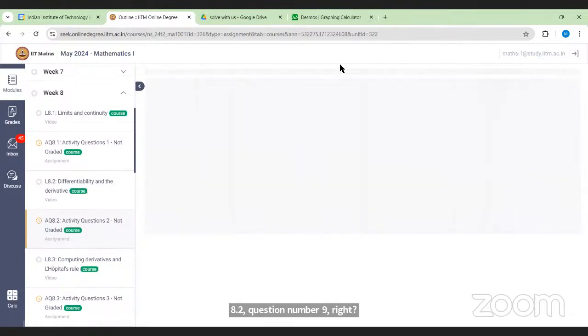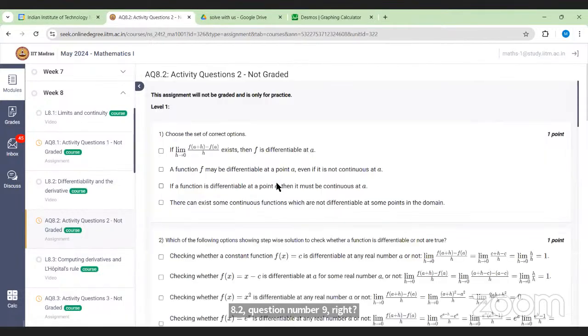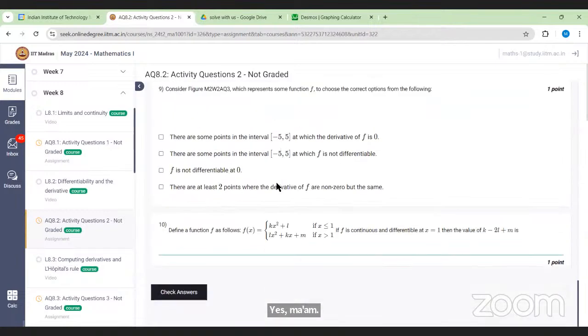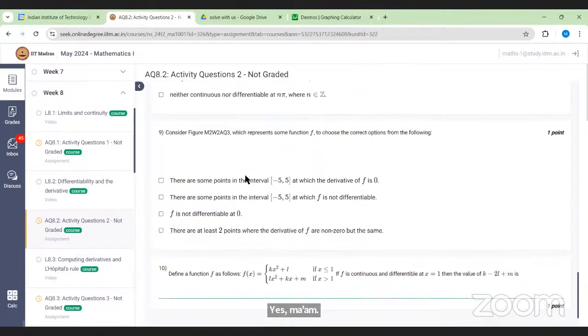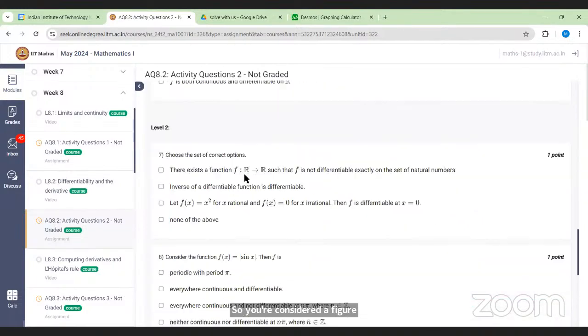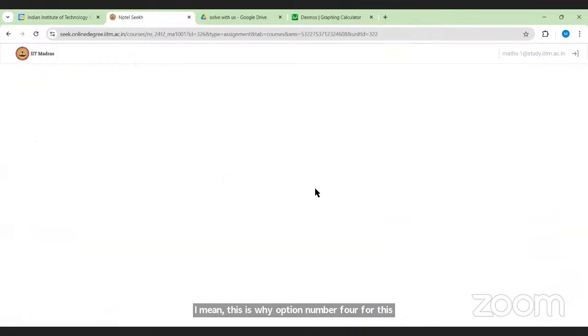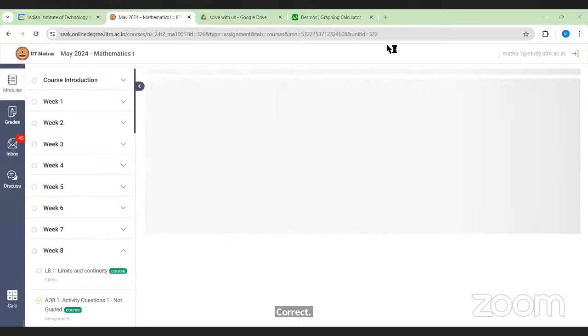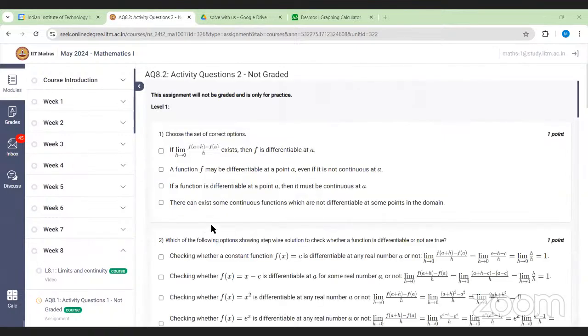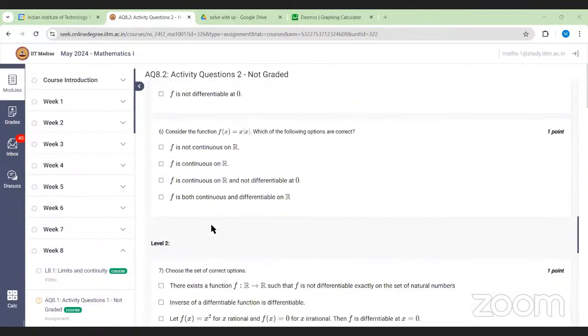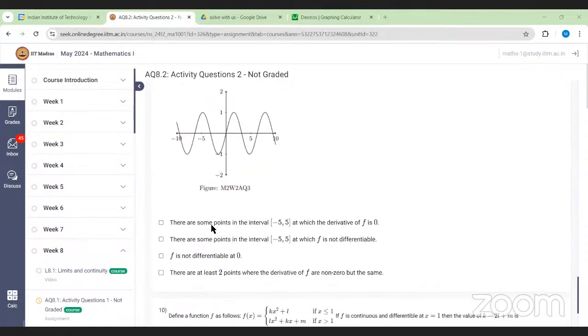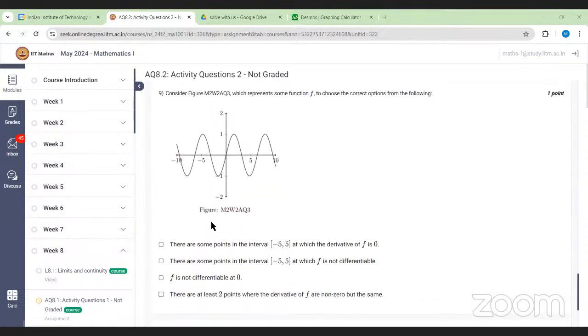Yes, ma'am. So here, ma'am, consider a figure. Ma'am, in this, why is option number 4 correct? Okay. Let's see. This one, no? Yes, ma'am.